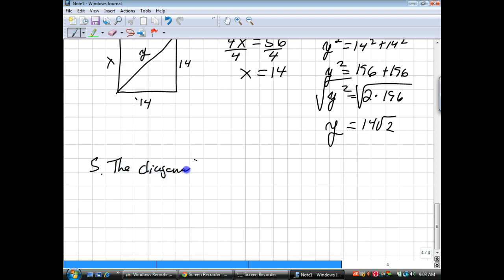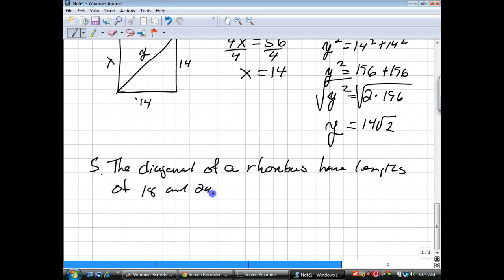The diagonals of a rhombus have lengths of 18 and 24. Find the perimeter of the rhombus.